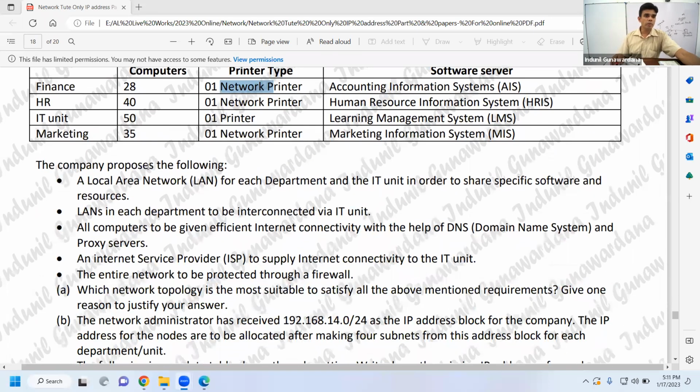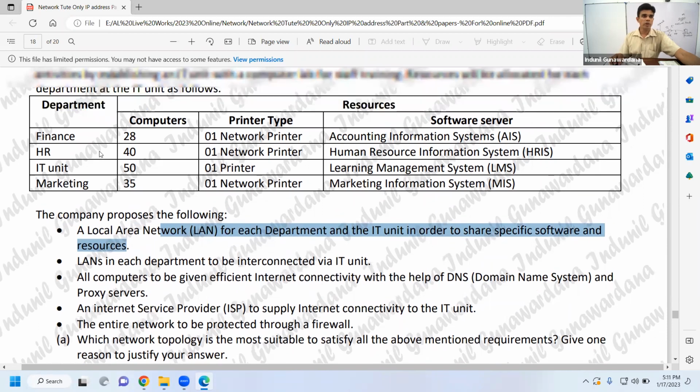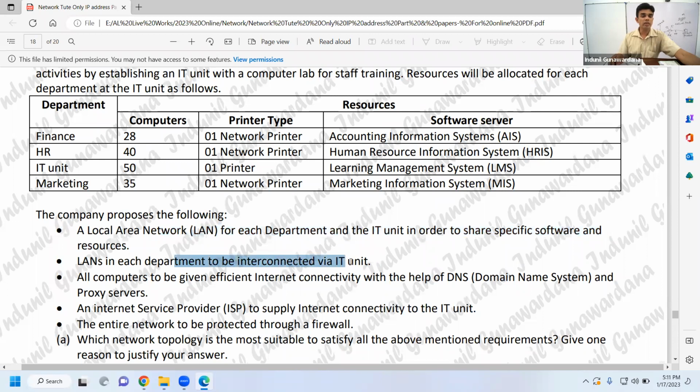Then it says that the company proposed the following: a LAN for each department and the IT unit in order to share the specific software resources. So every department has to have a LAN. It is said that sub-networks have to be there. The LAN in each department can be interconnected via IT. So from that point you may feel that all these sub-networks are connected through the IT department.